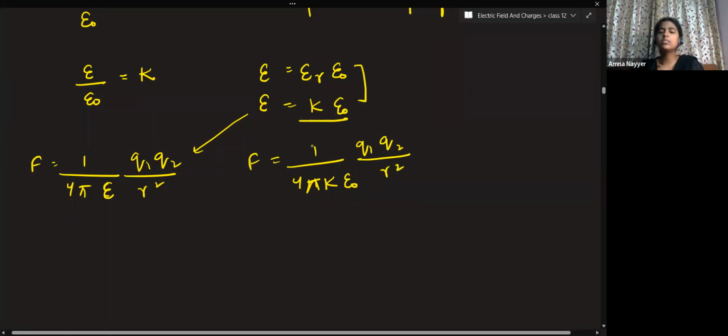If you remember, in air it was 1 by 4 pi epsilon naught q1 q2 by r square. This was for air, right?